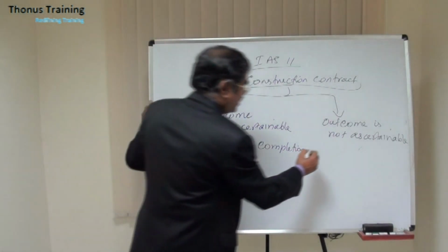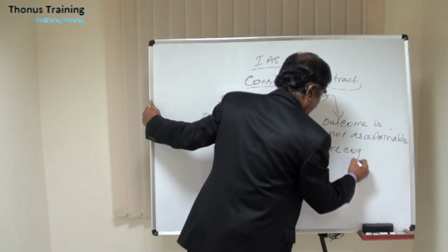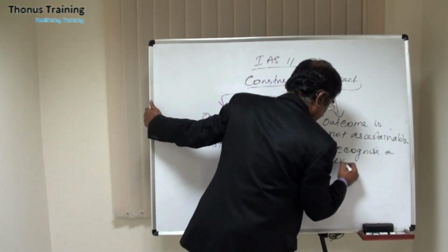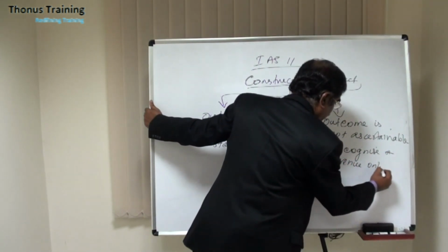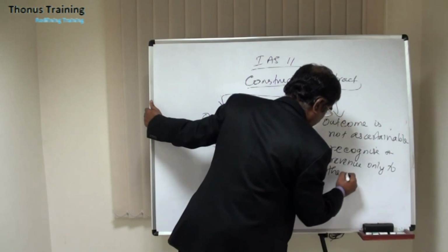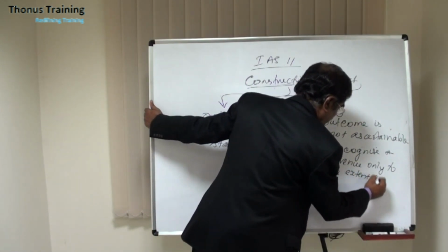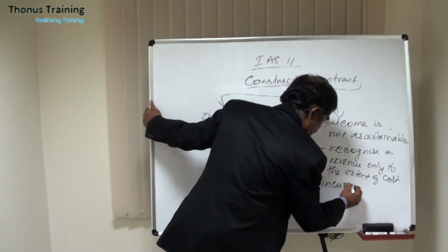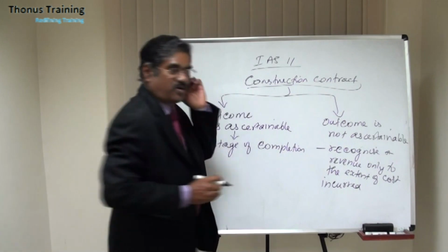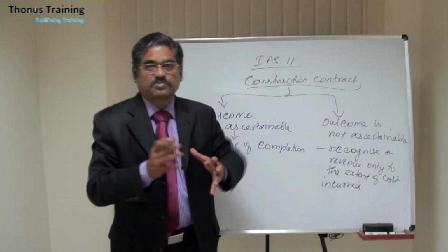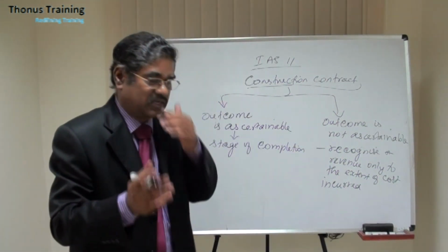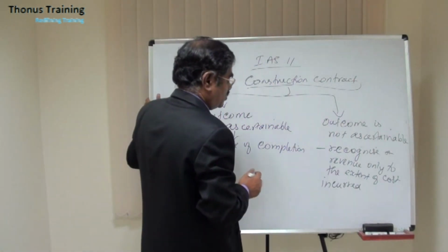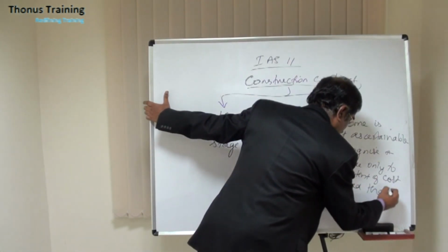You can recognize revenue only to the extent of cost incurred that are recoverable. That means you are not allowed to recognize any profit at this stage, but if you expect any loss, that is if you have incurred a cost that is not recoverable, it should be debited to the profit and loss account immediately. To the extent of cost incurred that are recoverable.